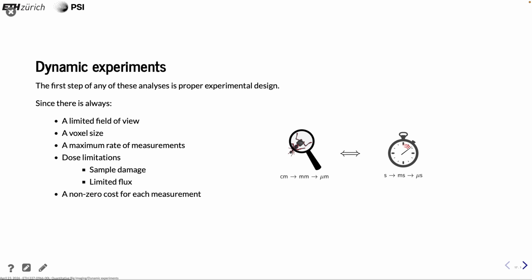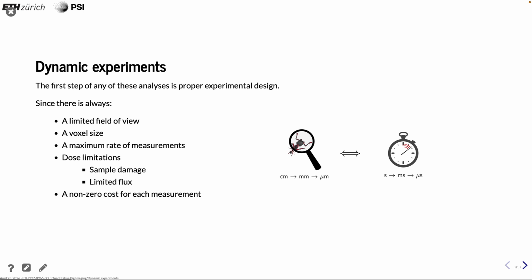Preparing a sample costs something, having the time on the beamline costs something, also, or whatever instrument you're using. And then you naturally have to balance between the resolution you have in space and in time. So maybe you want it extremely fast, but then you can only accept centimeter resolution.